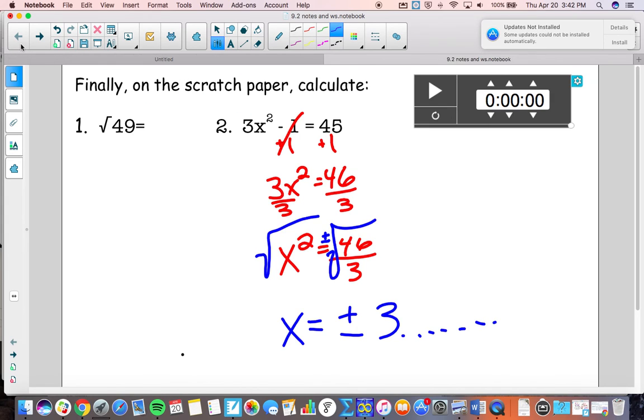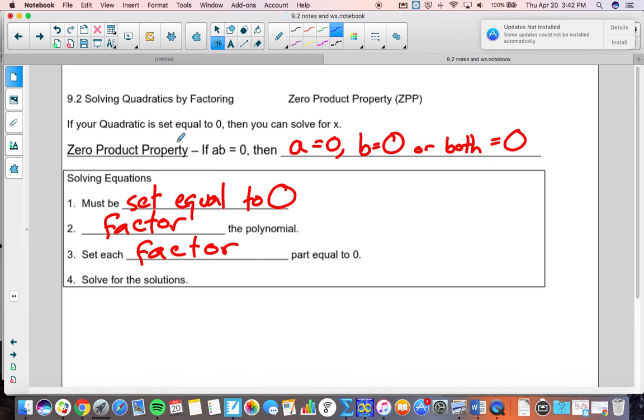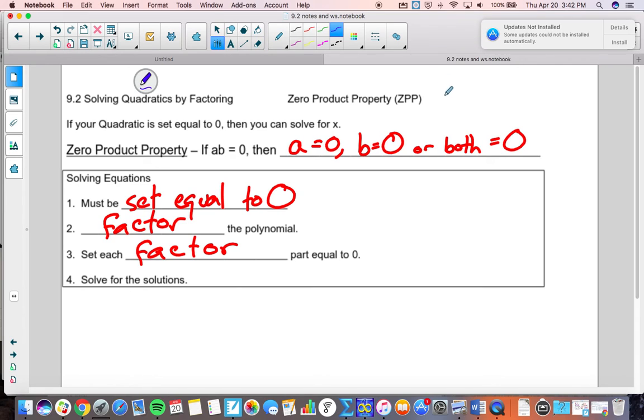All right, so here's what we're doing today. Today, we're going to have equations that have a bx term, or a middle term. So if it's factorable, we can use the zero product property. And here's what the zero product property says.